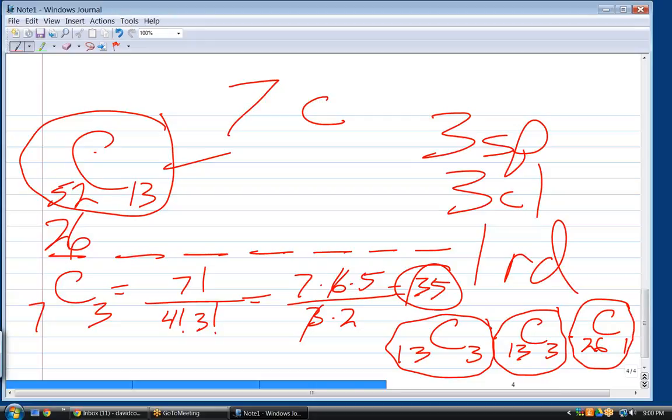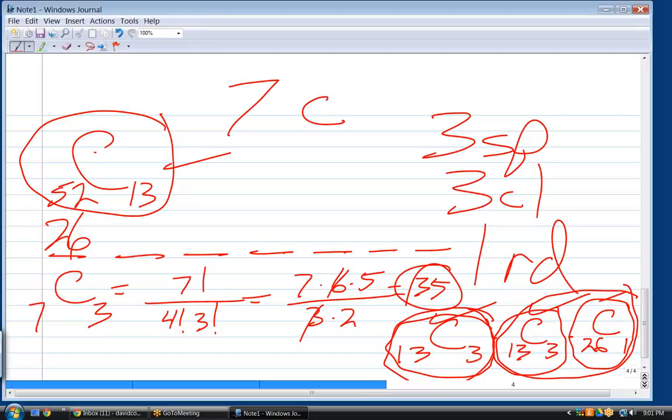And for every single way that you can choose 3 spades out of 13, you're going to multiply because you can do each of those also, for the same reason we multiplied in the last problem. Because for every one of the 3,000 ways, there was 1,001 ways for the other. So we multiply.